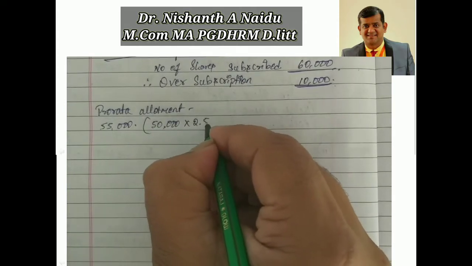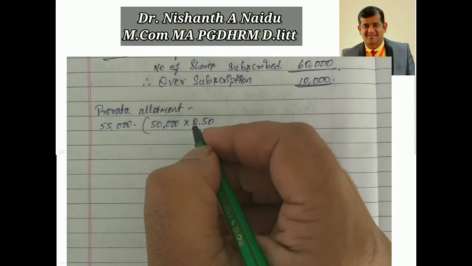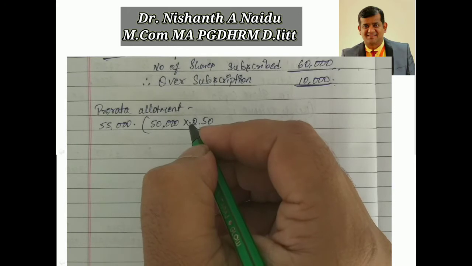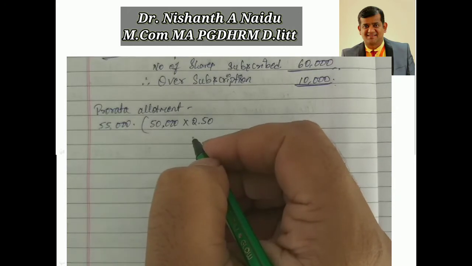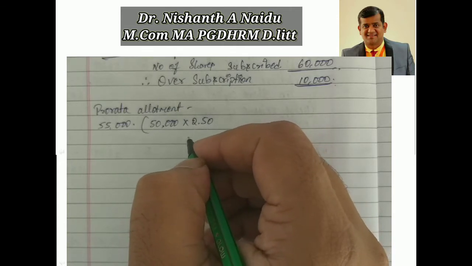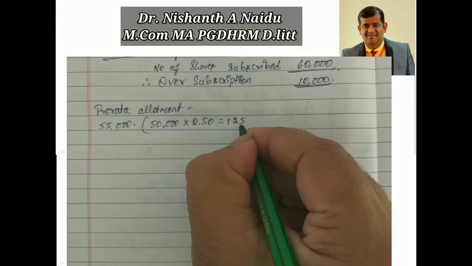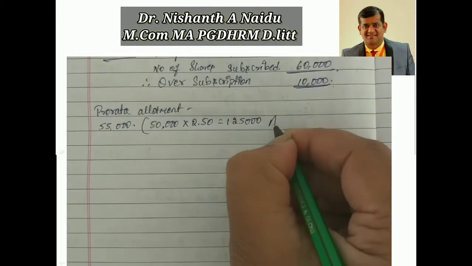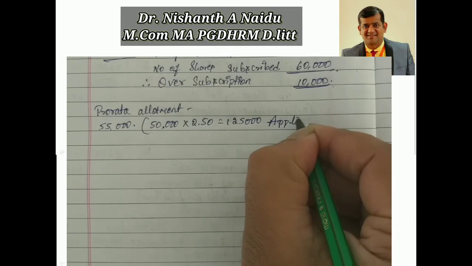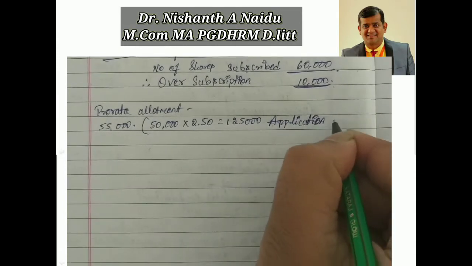So calculate 50,000 into 2 rupees 50 paise. That comes to 1,25,000. This is towards application money received.